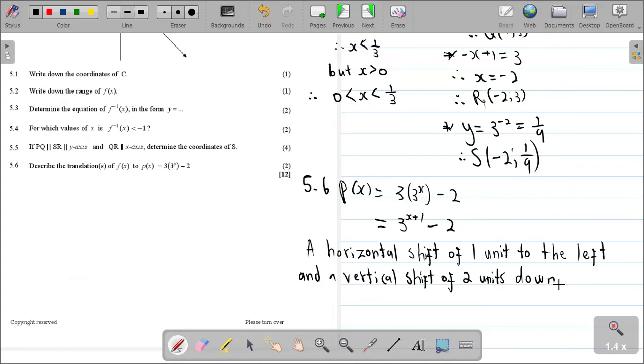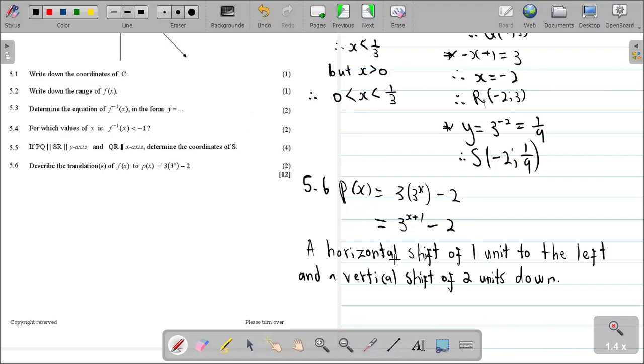This is the description of the translation that happened from f to p. Okay. So, yes, that's it for question 5.